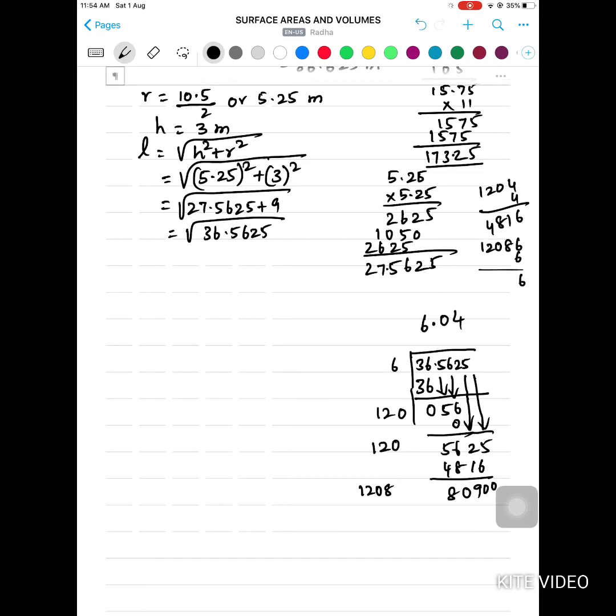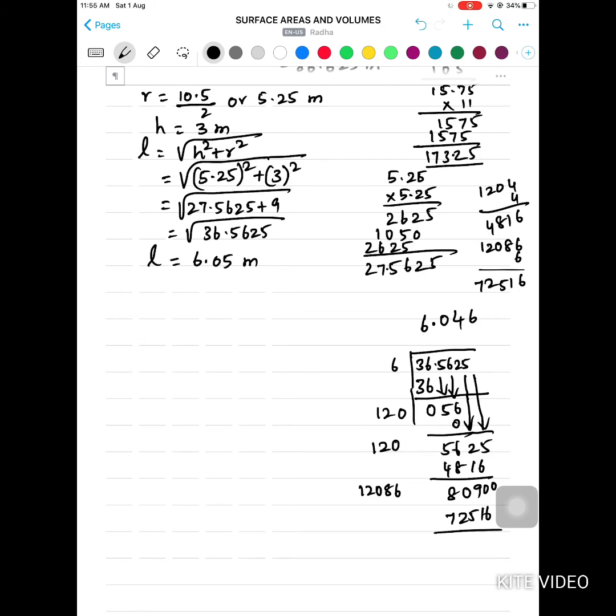So it keeps going. So square root of 36.5625 is 6.046. That can be written as 6.05 meter.